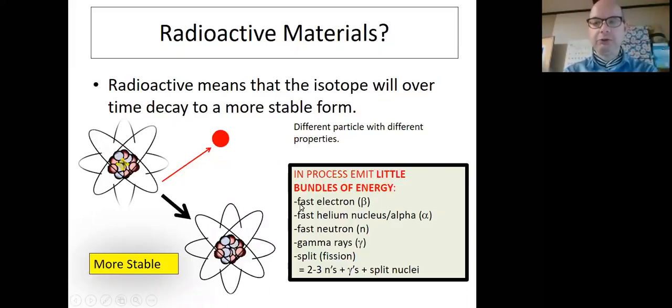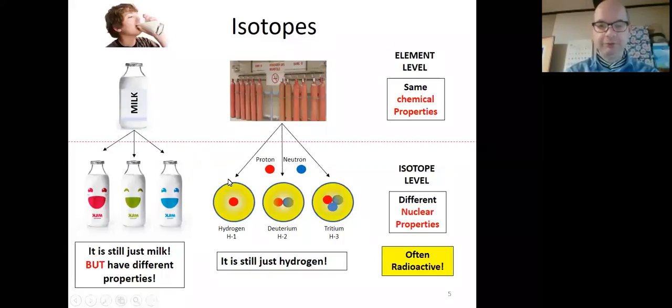These little particles carry energy. This could be a fast electron. This could be a fast helium nucleus, or what's known as an alpha particle. This could be a fast neutron. This could be a gamma ray, which you know can do a lot of damage. Or it can split in fission, and we talked about that in the previous lecture.